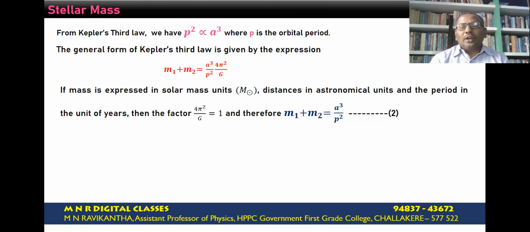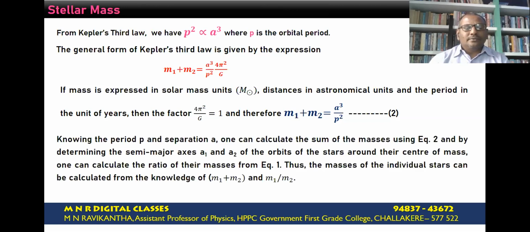Now we have two unknown quantities M1 and M2 and two equations: M1 by M2 is equal to A2 by A1, and M1 plus M2 is equal to A cube by P square. Solving these two equations by knowing the period P and separation A, we can calculate the mass of the individual stars with the knowledge of M1 plus M2 and M1 by M2 using equations 1 and 2.